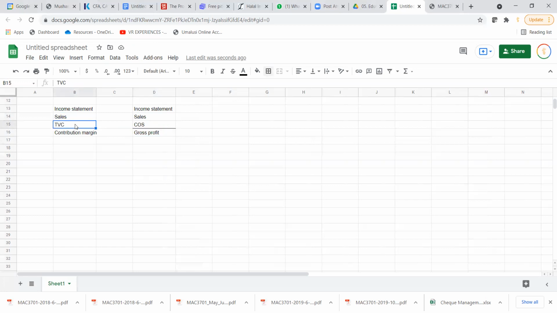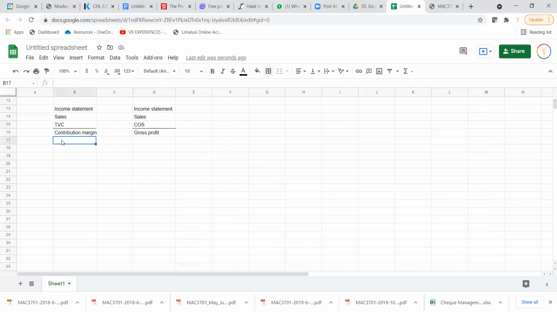Sales minus total variable costs gives you contribution margin. So in the variable costing system, we get to contribution margin; for the absorption costing system, we get to gross profit. We will come to these numbers just now. I just want to show you the big picture, then we will drill down into these numbers.